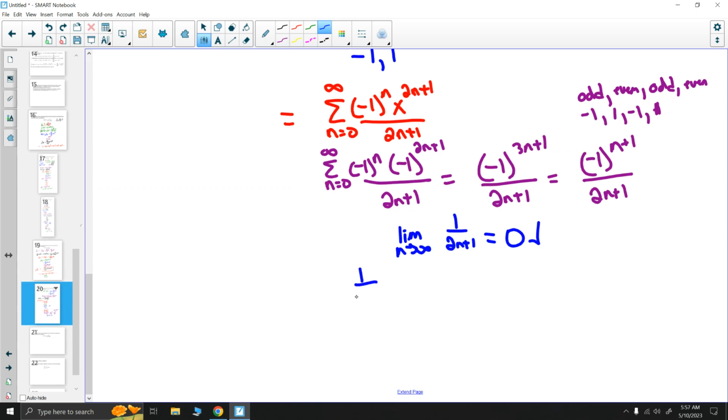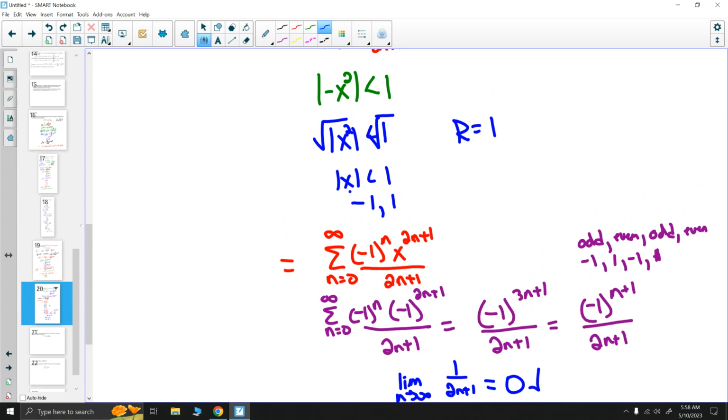That is to say, 1 over 2 times (n plus 1) plus 1, which would be 2n plus 2 plus 1, or 2n plus 3, is definitely less than 1 over 2n plus 1. So that also checks. So it converges at -1. So we can include -1 here.